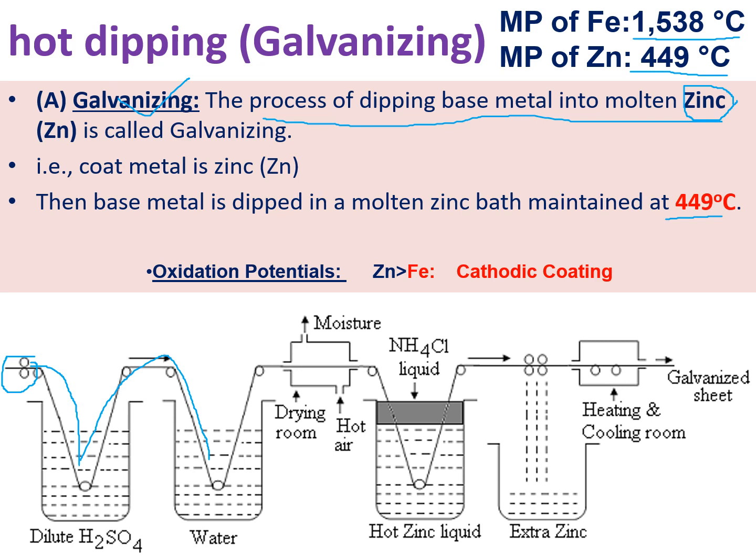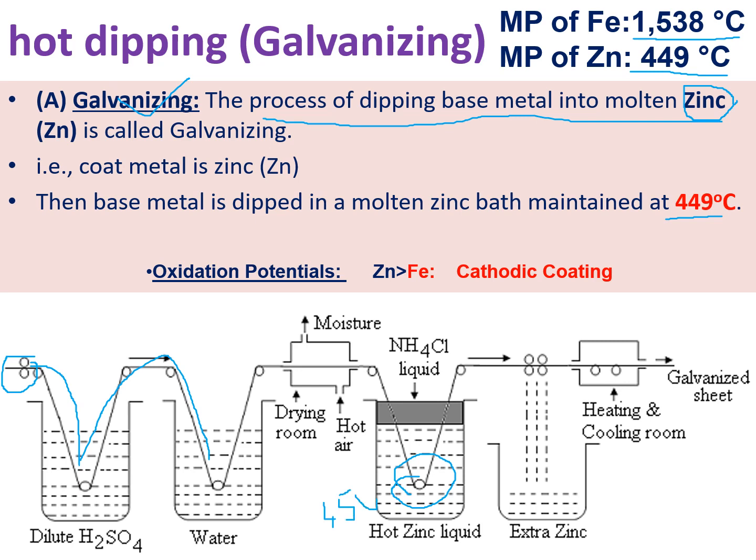Then you dry it by passing it into a drying room, so all moisture is cleaned from the surface of the metal. Now the base metal is dipped into a hot molten bath of zinc. This is the liquid state, maintained at around 450 degrees centigrade, or 449 degrees centigrade. So it is in liquid form.